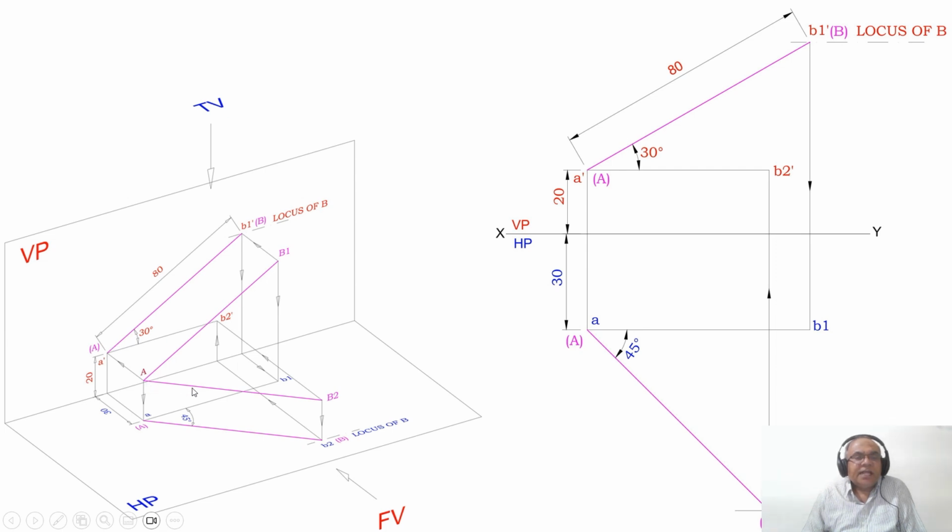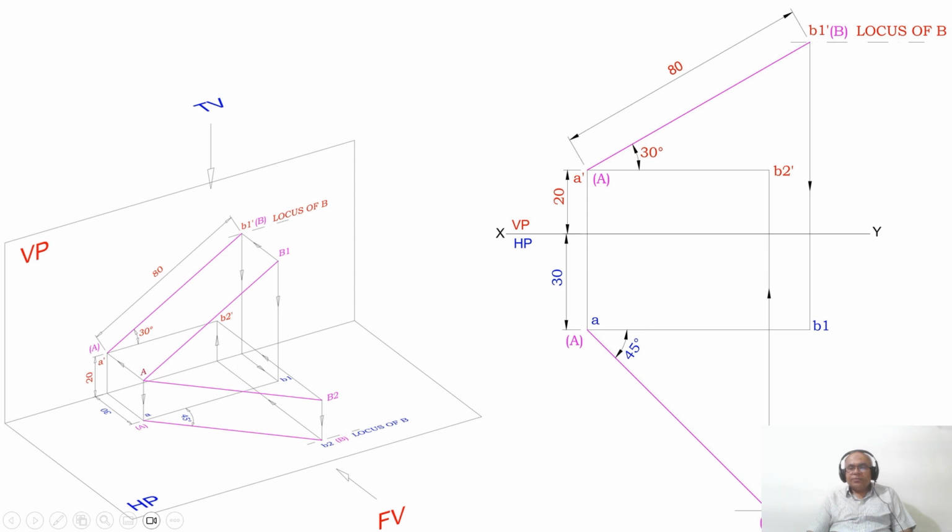You can see the line is parallel to HP. You know that this line is parallel to HP because in the problem he has given this line is in true length. So therefore, when you project this point B2, that B2 dash should be in line with A dash only. So apply this rule here. So we have this line.